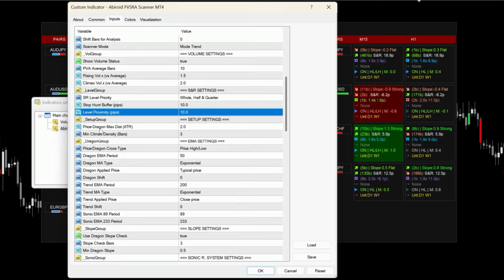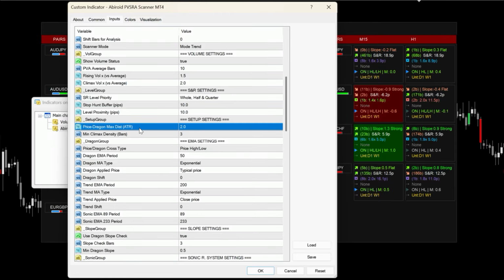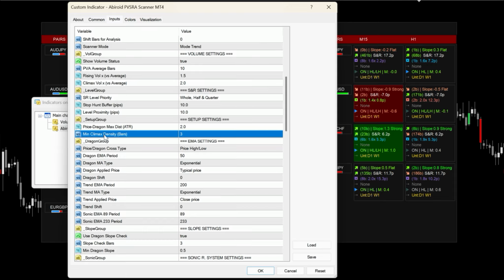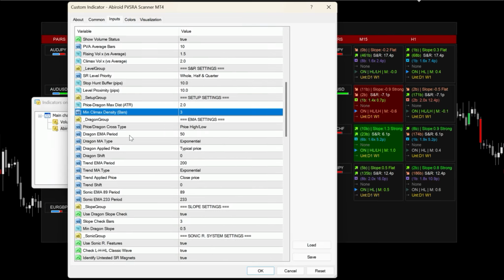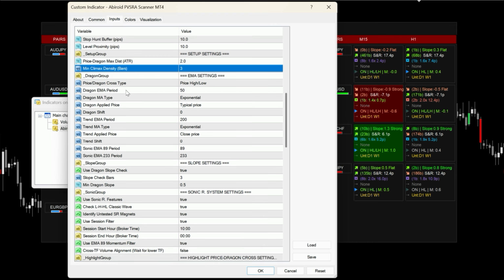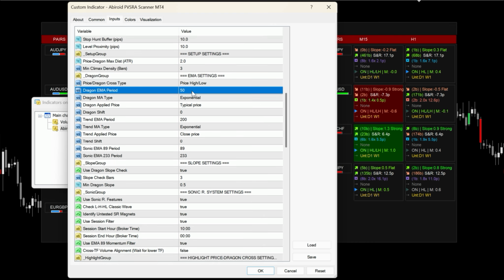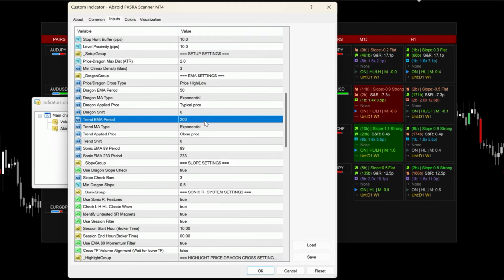Now price and Dragon max distance, this will be the ATR, and in order to get the ready signal, it will check that price and Dragon, this has to be more than the ATR and minimum number of climax density bars. Now these are the EMA settings. You can change the Dragon EMA period or the overall trend line or the EMA sonic.